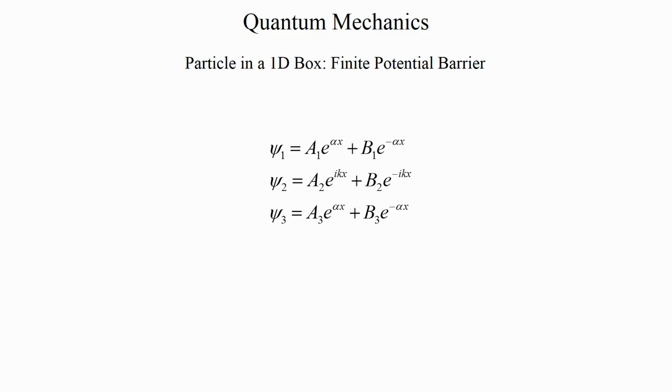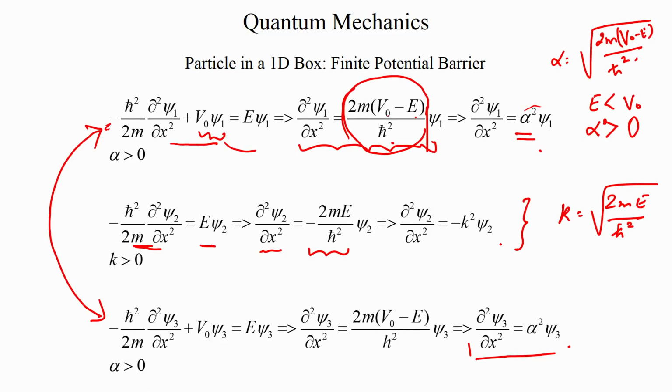So, since I have Schrodinger's equation in that particular manner, I can write an expected solution for the wave function. As I mentioned, in this region the right hand side term is positive, and we need to guess a solution for say psi 1, so that when you take the second derivative you end up with a form that has psi 1 in it, and also a positive term.